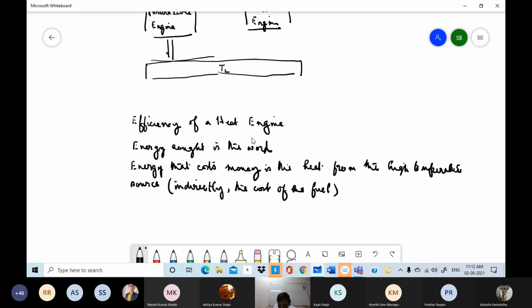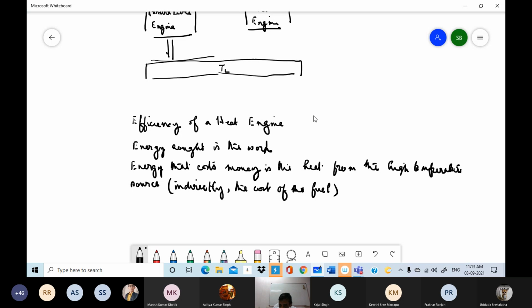Similarly, for a power station, what is the electricity you generate divided by the cost of the amount of coal which you burn. So it's always the W output compared to the QH. It is QH which costs you money. The petrol provides the QH in a petrol engine. It's not a Carnot cycle, but whatever the cycle, the petrol is what provides the QH.